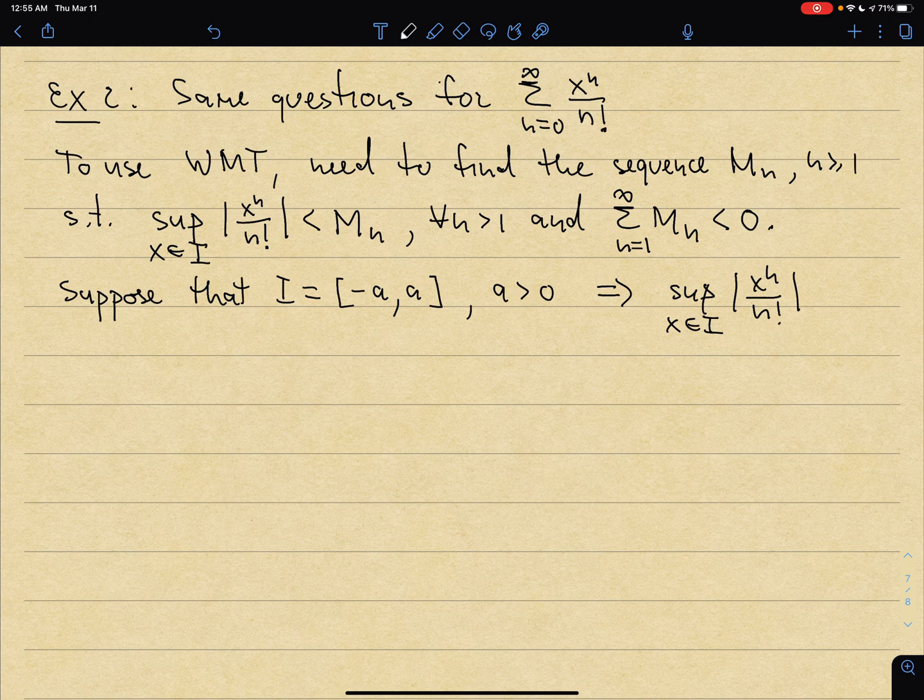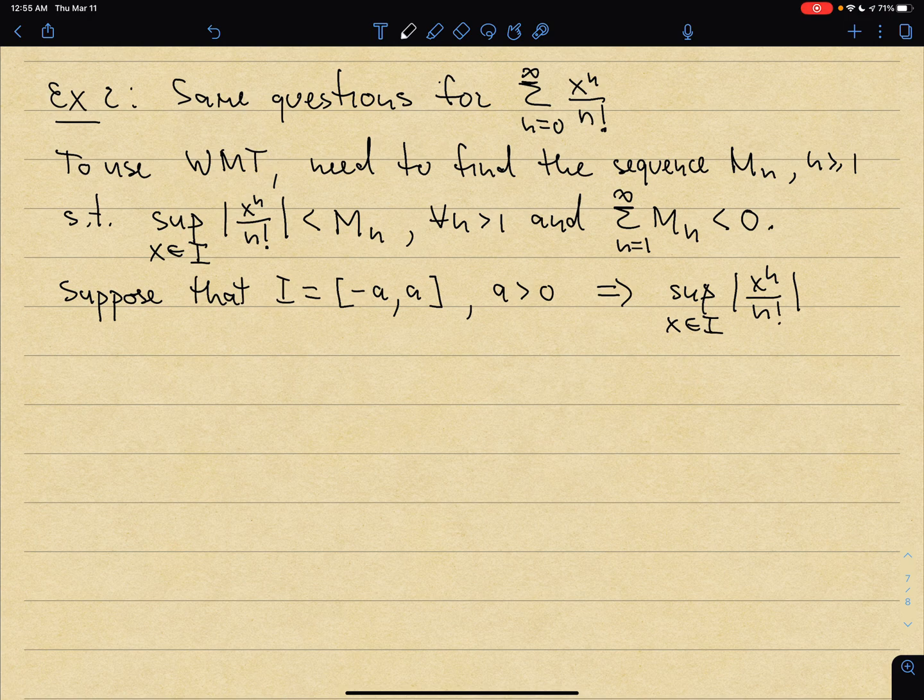The absolute value of x to the n is an increasing function, and its maximum is going to be at a, and we can also use a maximum at minus a because we're taking absolute value.